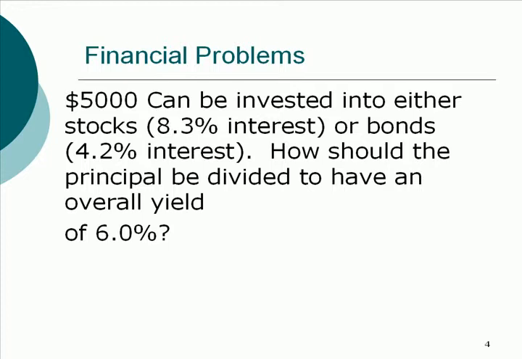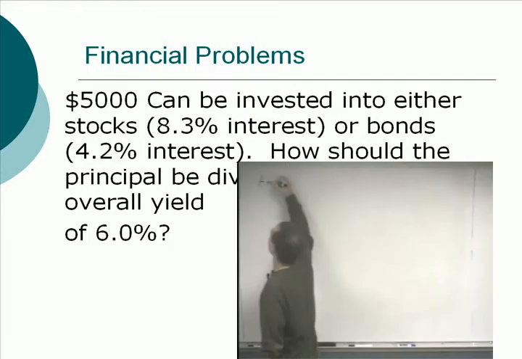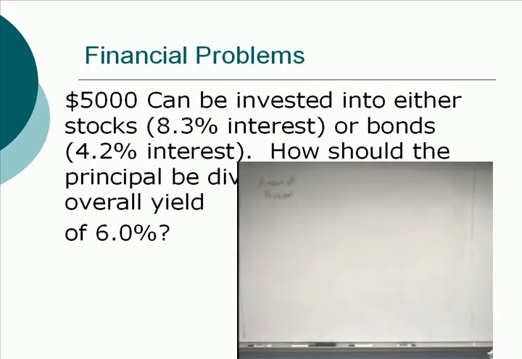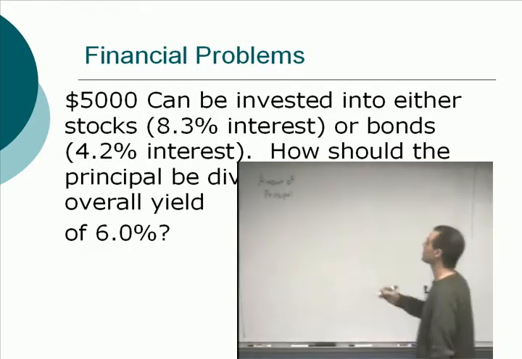Okay, so ask yourself, what are the 2 facts that you're given? Those are going to determine what your 2 equations are about. What 2 facts are you really given? You have $5,000. There's one fact. So we're going to write one equation involving the amount of principal, and that is $5,000.